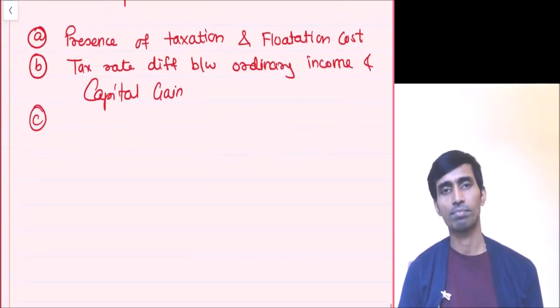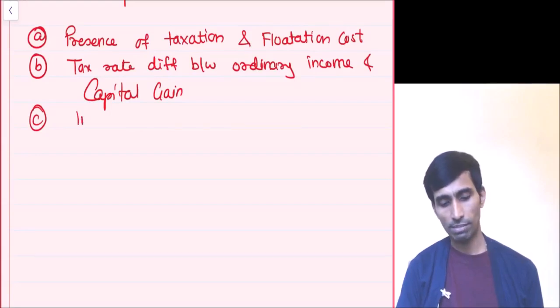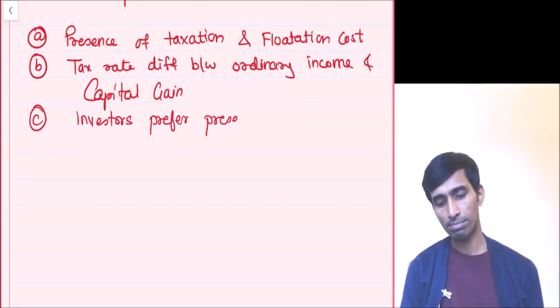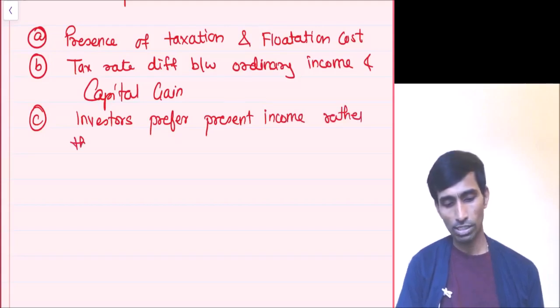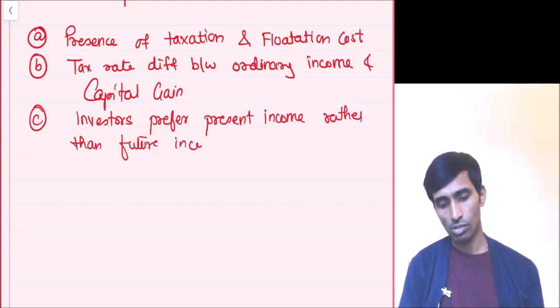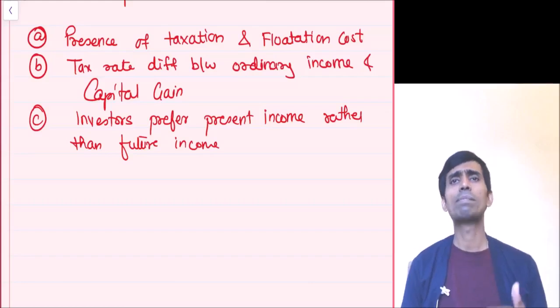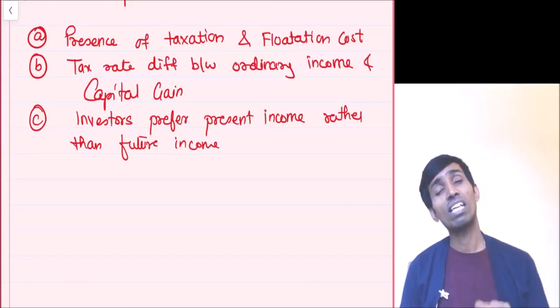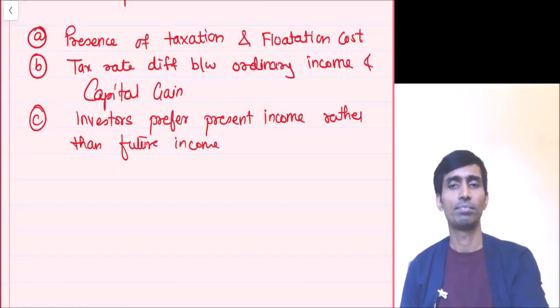C, investors prefer present income rather than future income. So if the company is paying the dividend, they love it. Who? The investors, because they prefer the money coming in.